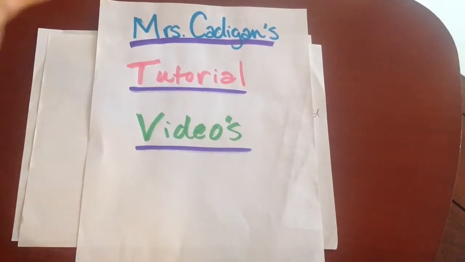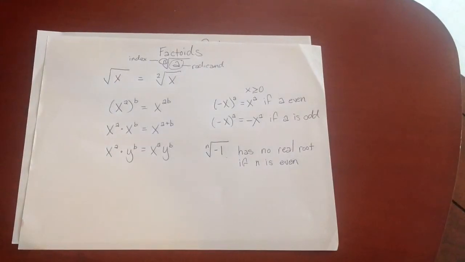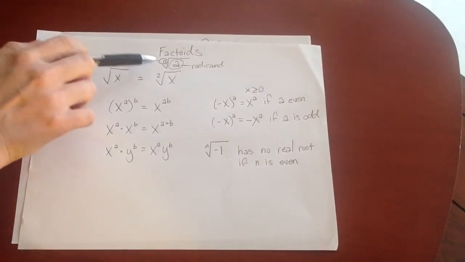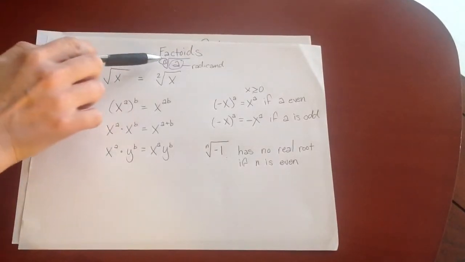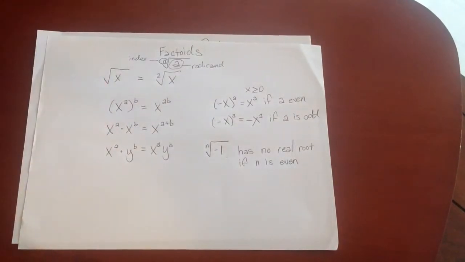Before I get fully started in this lesson, I want to bring up some factoids, as I call them. Little facts that will help us along the way. First of all, let's recall that when we're looking at a radical with a number here, this is known as the index. And a is your radicand.